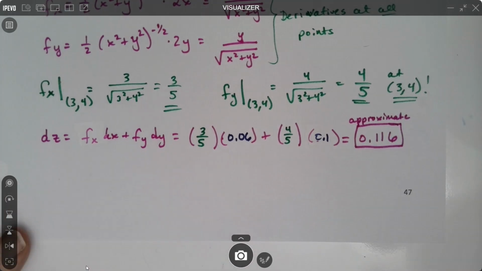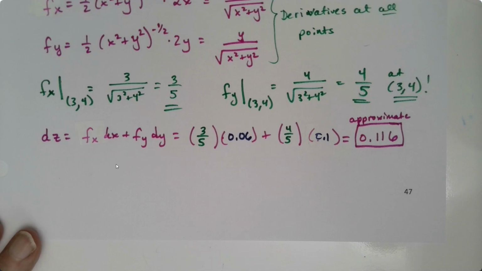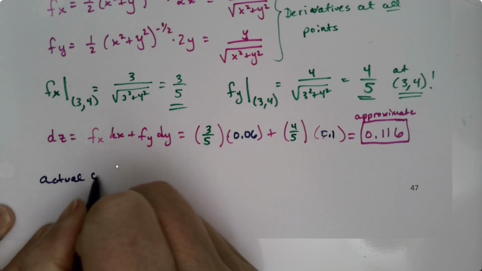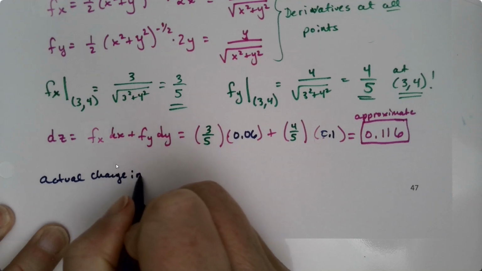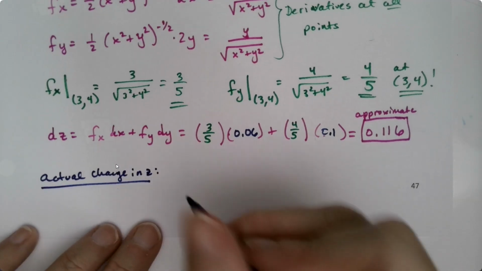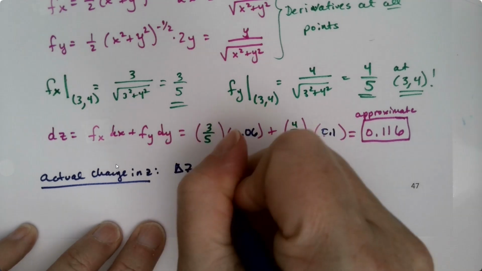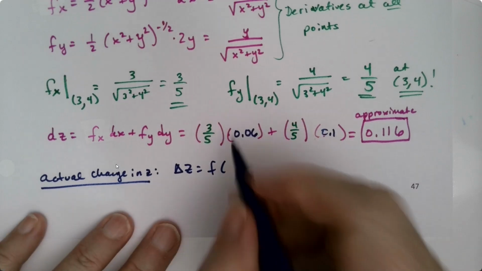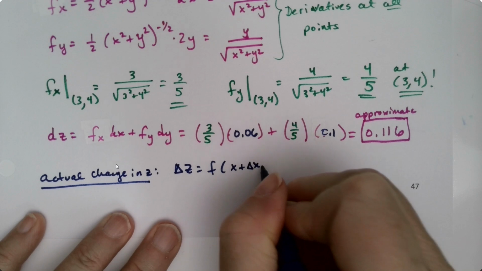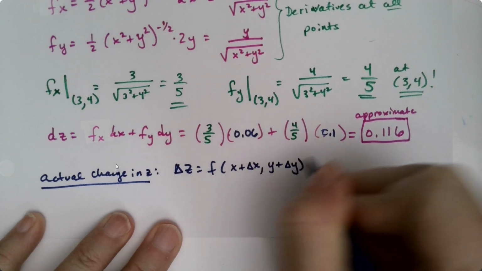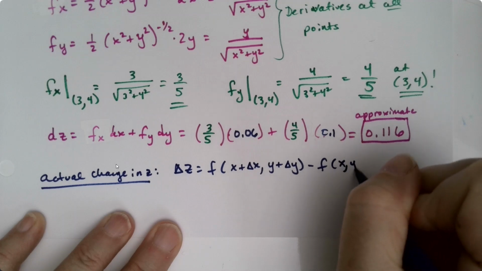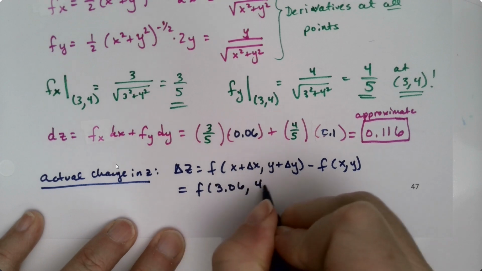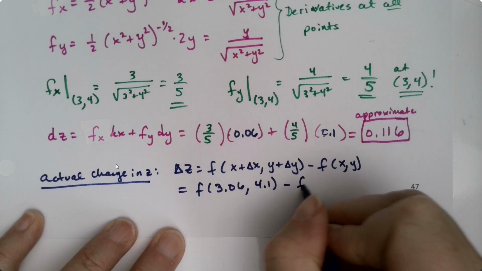Right. Okay, so then what's the actual change? The actual change in z is delta z, which is f of, well, in our case, here, let me write it, f of x plus delta x, y plus delta y, minus f of x, y. So in our case, that would be f of 3.06 comma 4.1, take away f of 3, 4.